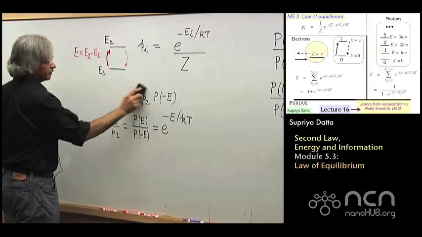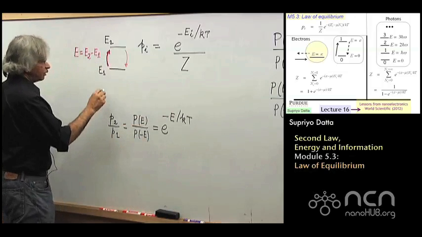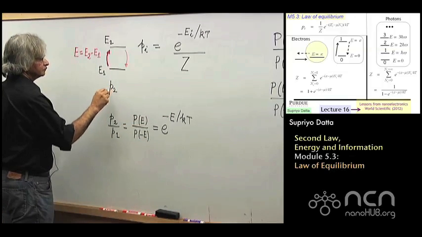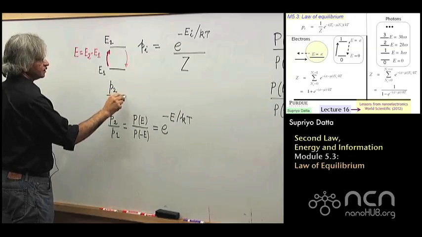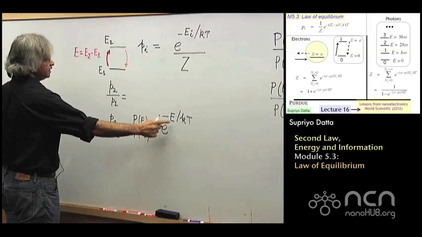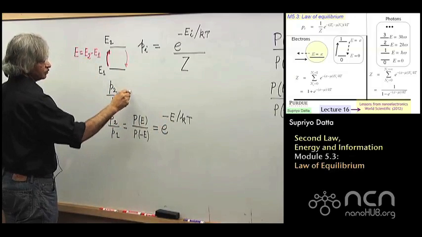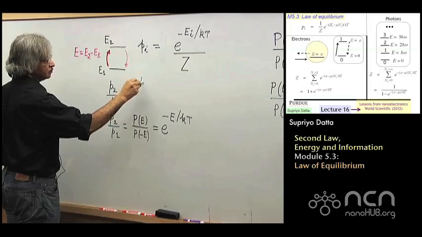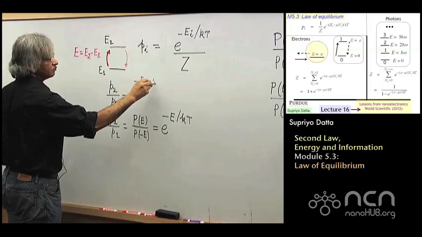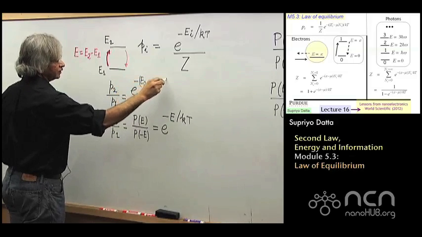So what that tells you then is that P2 over P1 must be equal to, as you notice, E is actually E2 minus E1, so you could write it as exponential minus (E2 minus E1) over KT.